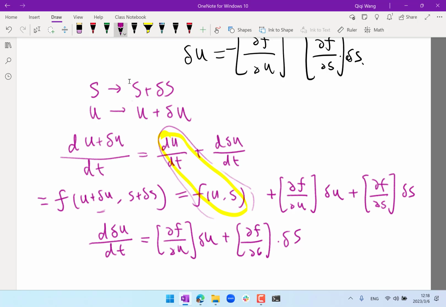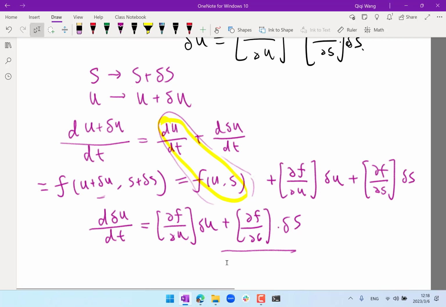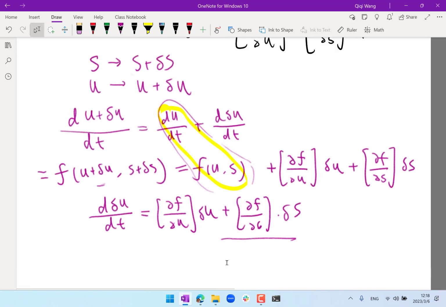As I said, this equation is very similar to our tangent equation that governs the perturbed trajectory where the perturbation is the initial condition, except there is a second term. This term is our new term. How does the periodic system, and particularly the zero Lyapunov exponent, affect the solution to this equation?